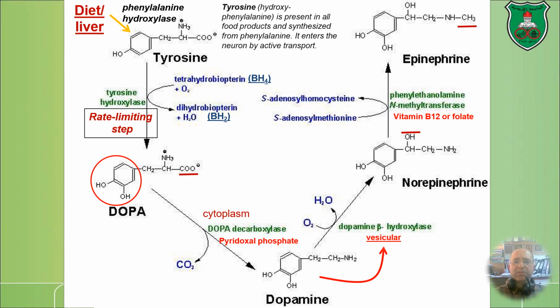Synthesis of these three neurotransmitters takes place in the liver, or we can get it from diet, and we can synthesize it from phenylalanine by phenylalanine hydroxylase. فبصير في hydroxylation of this tyrosine, and then tyrosine can enter the neurons by active transport. Now, phenylalanine is an essential amino acid.